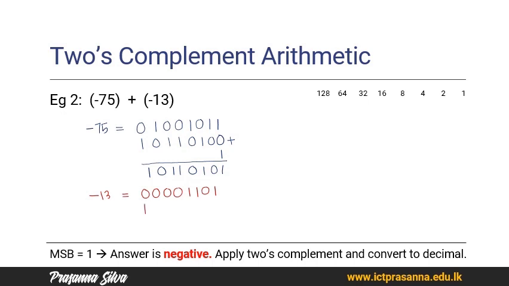We'll apply 2's complement onto this again. So we have 1, right. After inverting the bits, we can add 1 to this. Which gives us, right. After converting both the values into negative 2's complement form, we can do the computation.